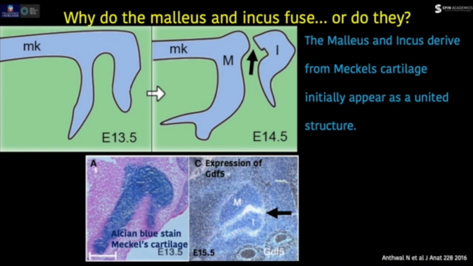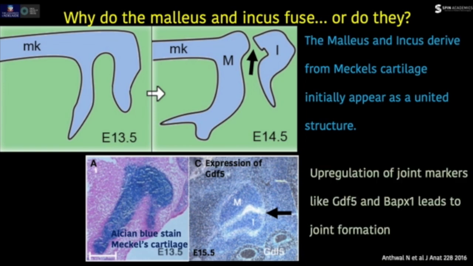At 15.5 embryonic days, the joint marker GDF5 is expressed at the malleoincudal joint. Upregulation of joint markers such as GDF5 and BAPX1 is required for the joint to form. Failure of upregulation of GDF5 and BAPX1 can be associated with malleoincudal fusion.